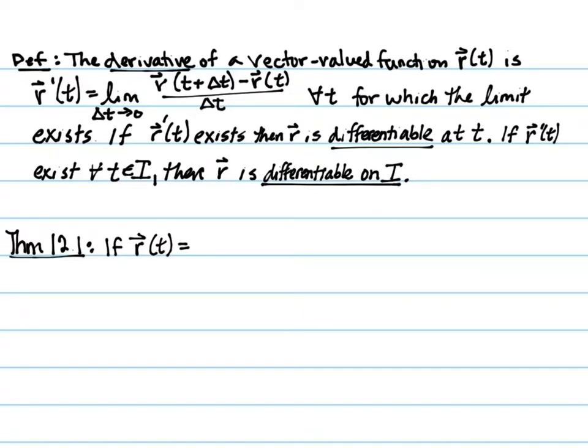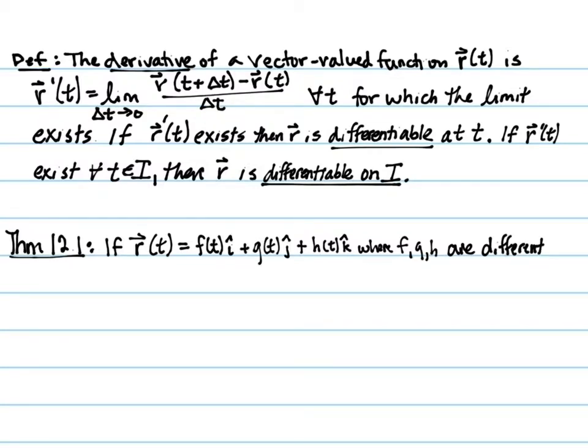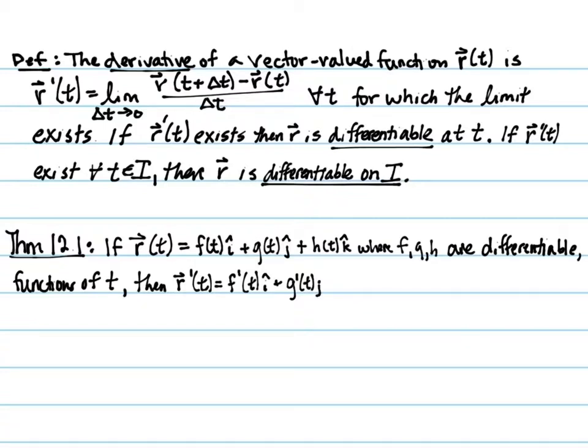If r of t is equal to f of t i plus g of t j plus h of t k, where f, g, and h are differentiable functions of t, then r prime of t equals f prime of t i plus g prime of t j plus h prime of t k.